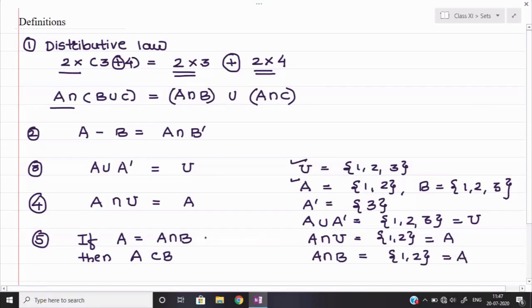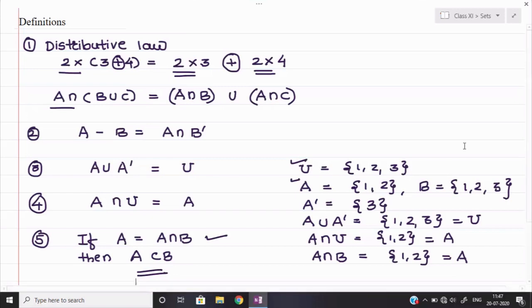So this condition is satisfied. We can say that A intersection B is equal to A, then definitely A will be a subset of B. Observe, A contains 1, 2 while B contains 1, 2, 3. So A will be a subset of B, right? So you also remember this, it would be required in some other question.